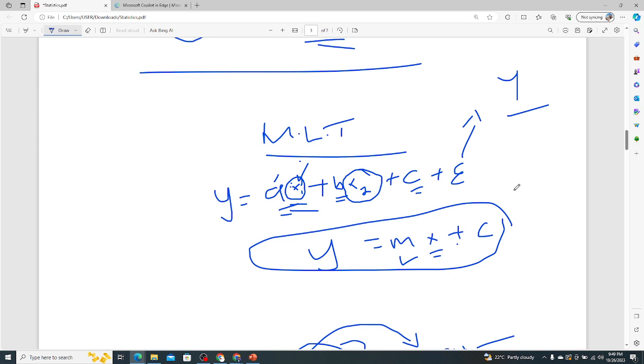Some of the variables may have a negative correlation, others may have a positive correlation.